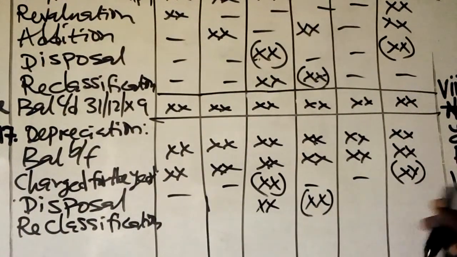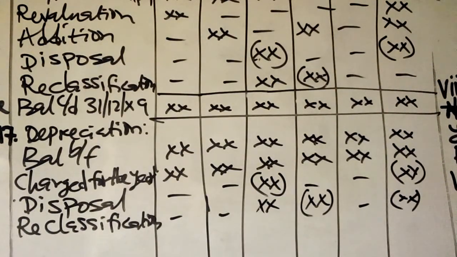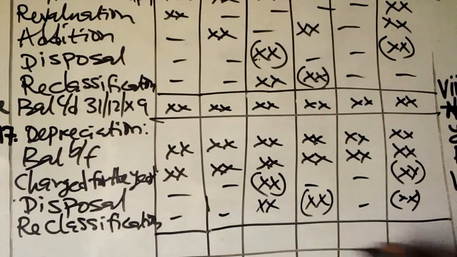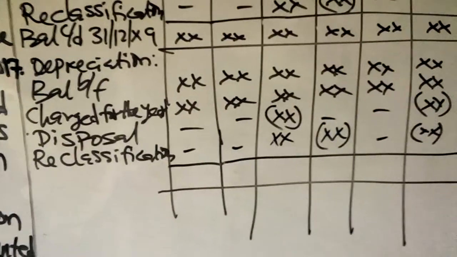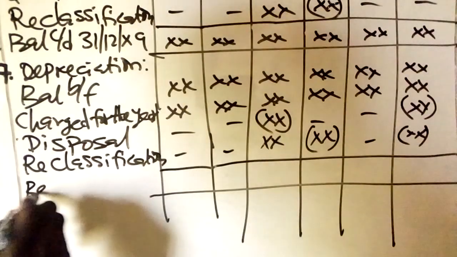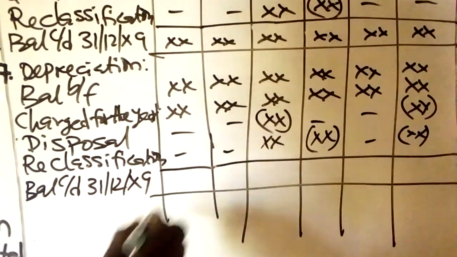Then this minus this, the net difference might be there. Then you sum up the depreciation, the accumulated depreciation to date. Balance carried down, let's say 31st of December 20x9.